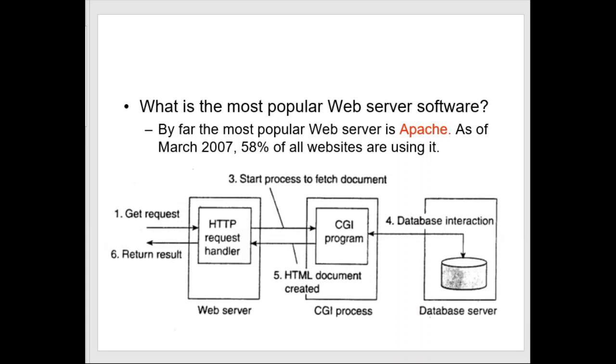One of the most important enhancements is that servers can also process a document before passing it to the client. In particular, a document may contain a server-side script which is executed by the server when the document has been fetched locally. The result of executing a script is sent along with the rest of the document to the client. The script itself is not sent.